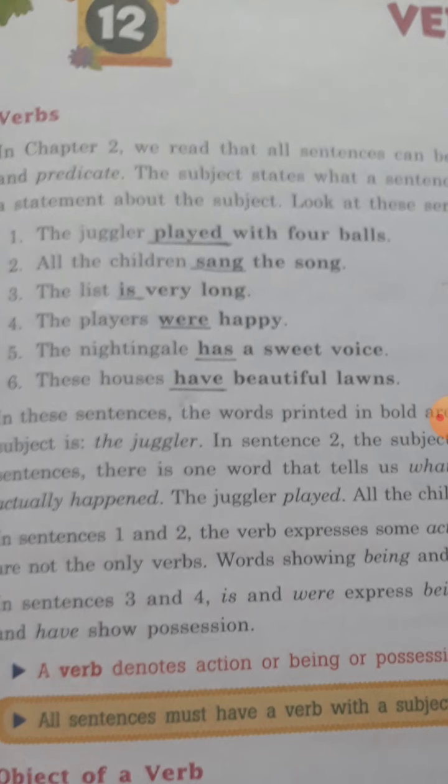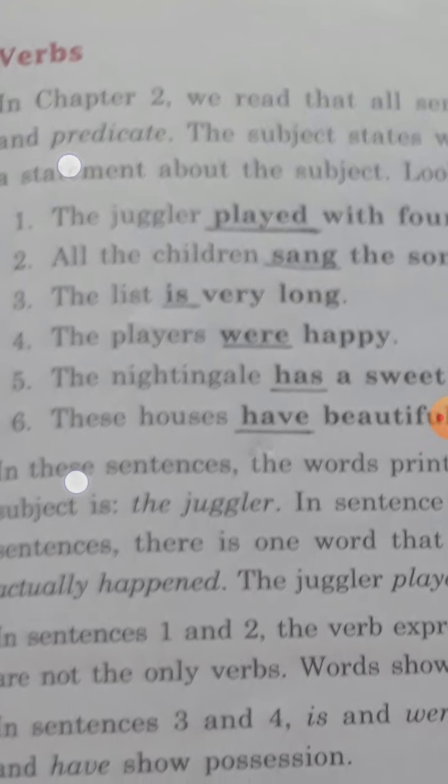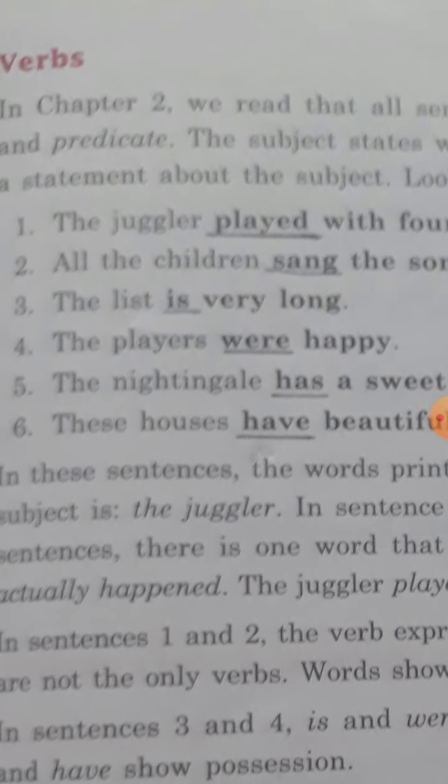A predicate may consist of a verb and other elements of a sentence. So in this you only have to find out, like in the next sentence, all the children sang the song. Can you identify what is the verb? Sang. So all the children is the subject, and after that is the predicate. A predicate consists of the verb plus the object or the complement.